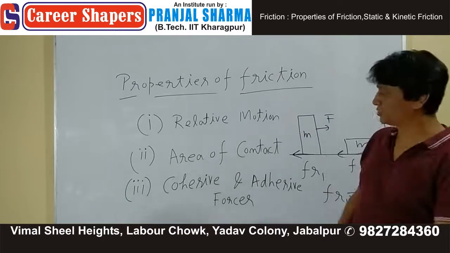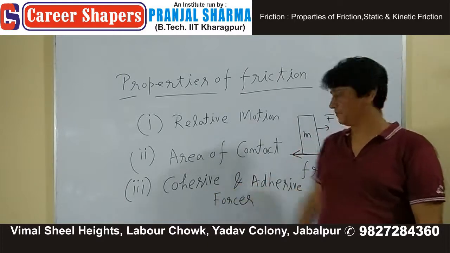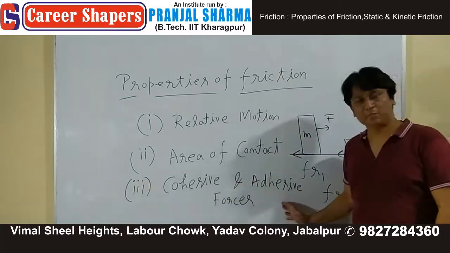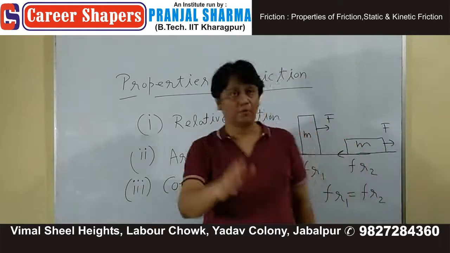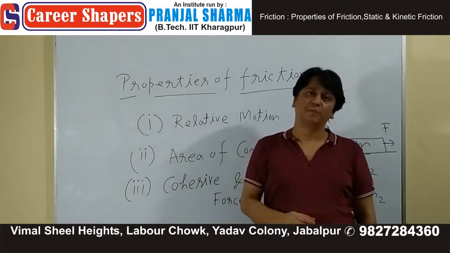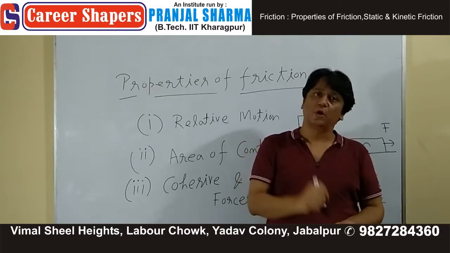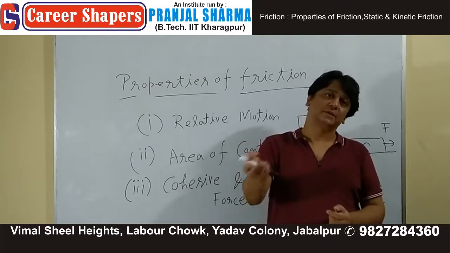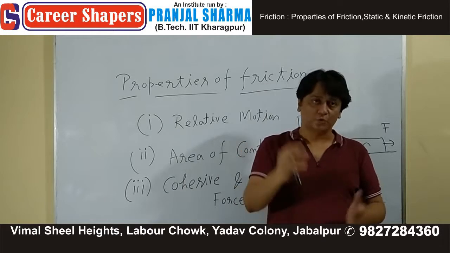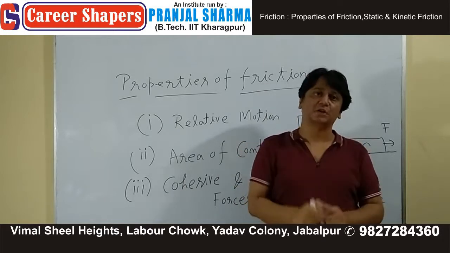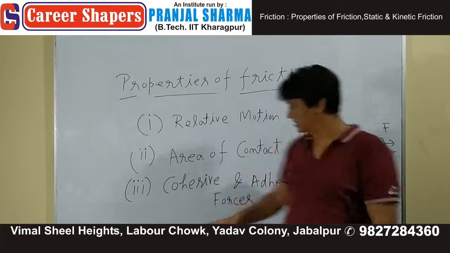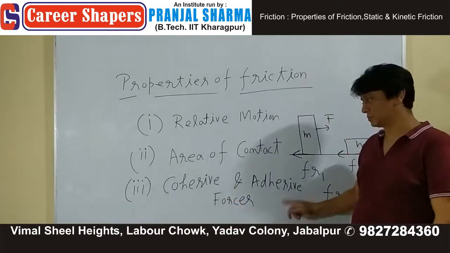That type of force is called cohesive. What is adhesive? Adhesive means a force which is present between different types of materials. Glass over wood, plastic over wood. So when you have different types of materials in contact with each other, then that is called adhesive force.